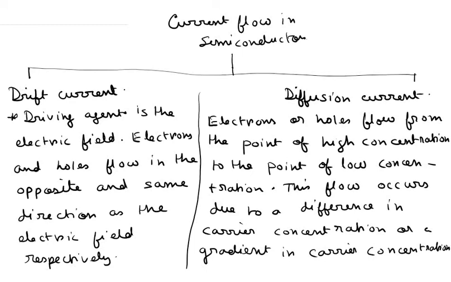The other component is the diffusion current, which is a flow from a point of high concentration of electrons towards a point with a low concentration of electrons. It's just like spraying a perfume in one corner of the room, or putting a drop of ink in the water.